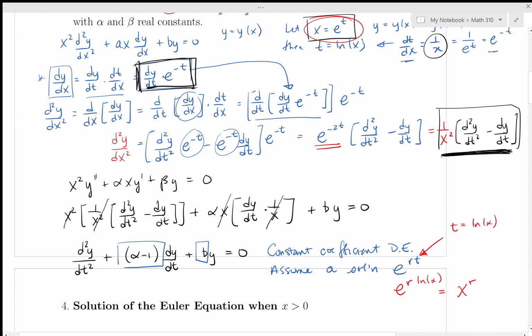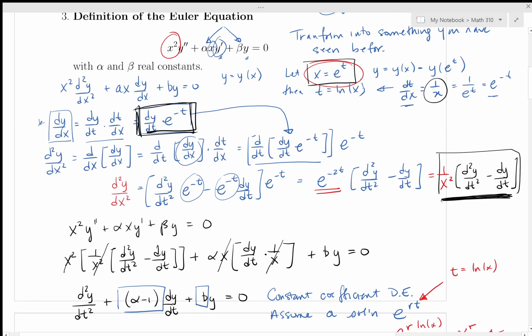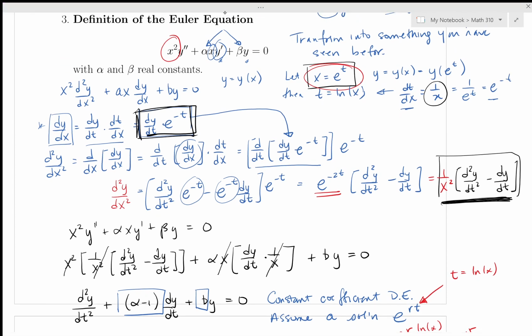So this whole procedure was to demonstrate to you that when I go to solve the Euler equation, I am going to assume a solution of x to the r, not e to the t like we have been doing. The reason behind it is exactly this. Looking at my differential equation, I have an x squared here. This particular case is an Euler equation.